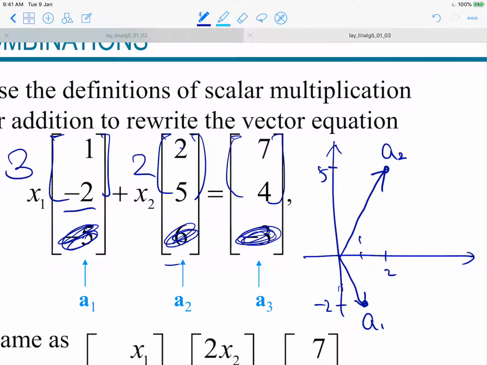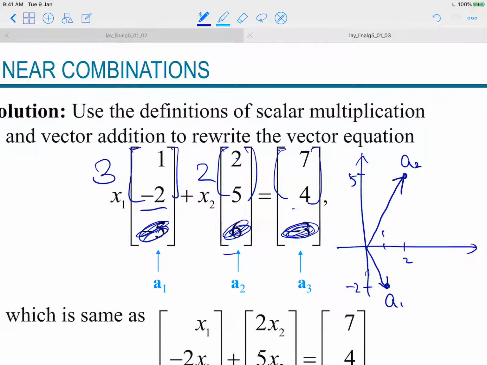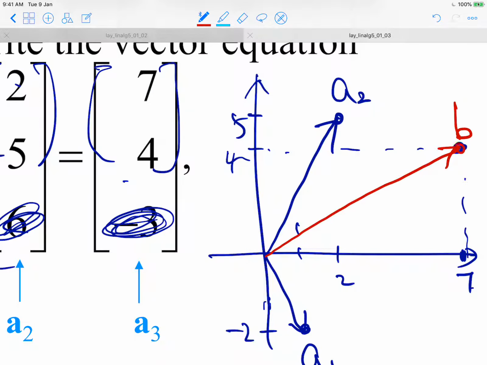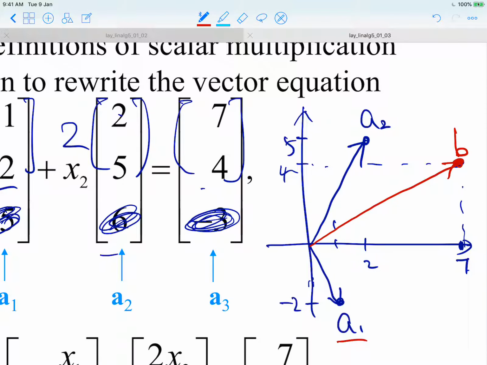And now what is b? b is 7, 4, over here. So this is our b, right? So we are initially given a1 and a2.